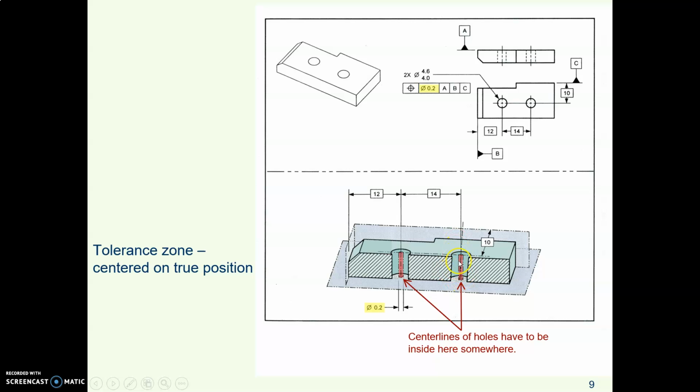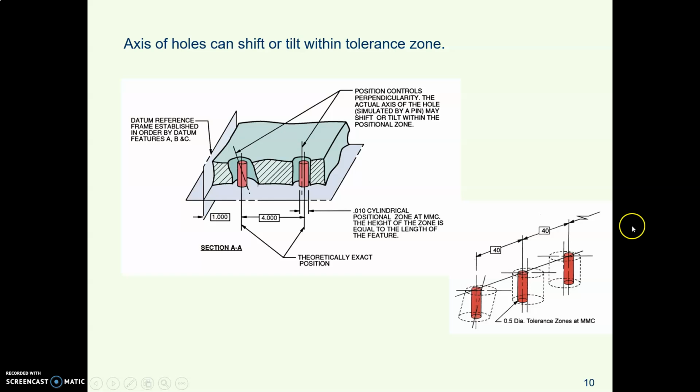So the center lines of the holes you actually make have to be inside this zone somewhere. The axis of the actual hole can shift around side to side, or it can tilt. It doesn't have to be perfectly straight. As long as it's somewhere inside that tolerance zone, that will be a good part. It will function. And these red things are the tolerance zones.